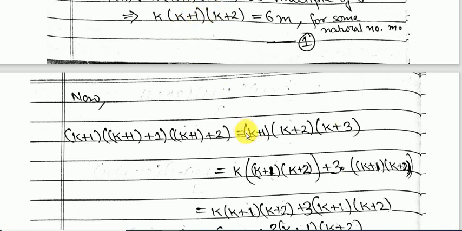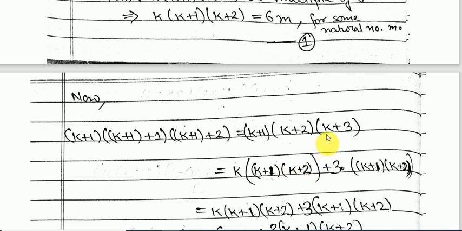Here also I can see k plus 1, k plus 2, but I can't see it multiplied by k. So what I can do is this whole (k plus 1)(k plus 2) can multiply to this k. So I will get k times this whole thing, k plus 1 into k plus 2.